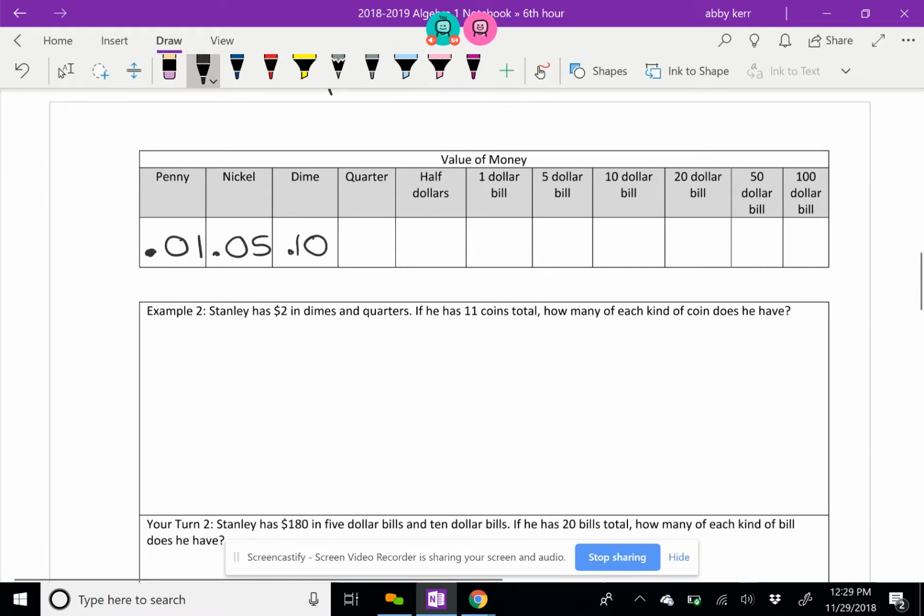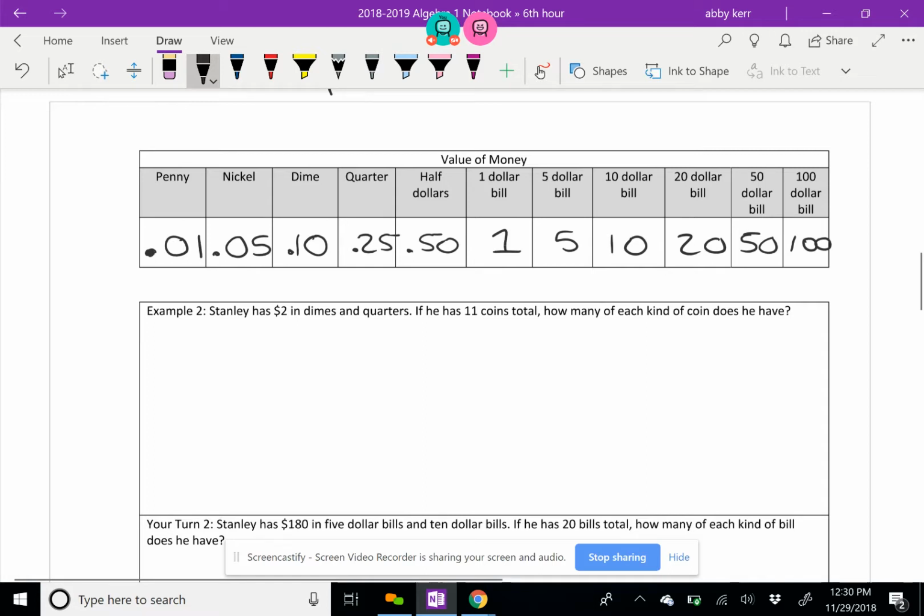A dime is 0.10. A quarter is 0.25. Half dollar, 0.50. A dollar bill is just one. $5 bill is 5. So on and so forth. So this may seem silly, but moving forward, it's actually going to make a little bit more sense.